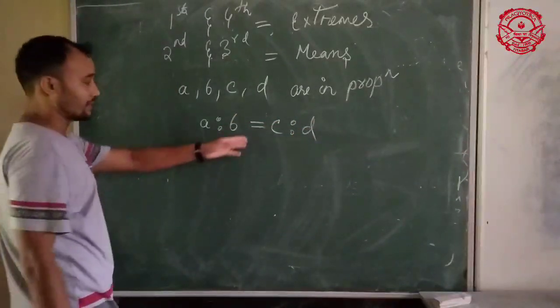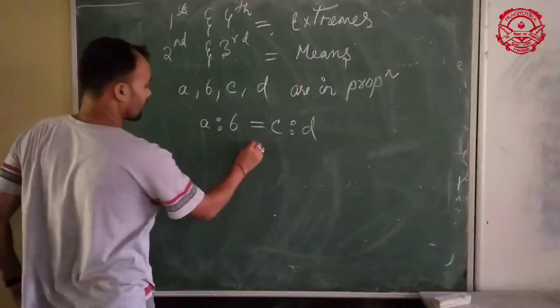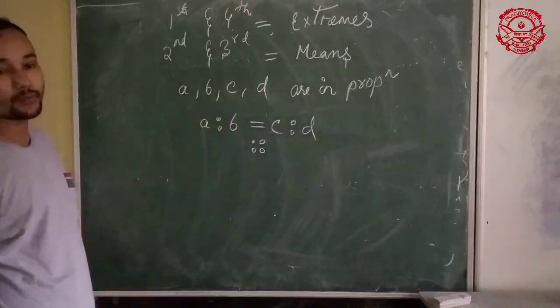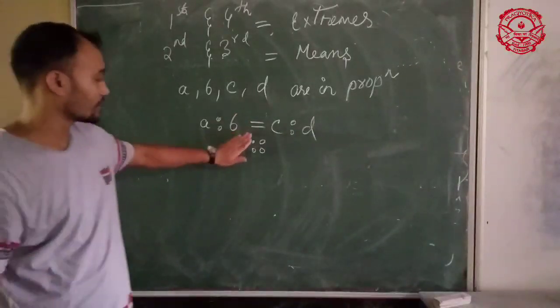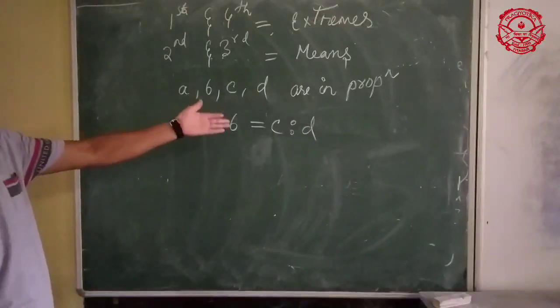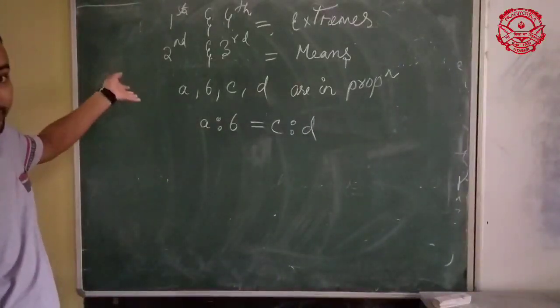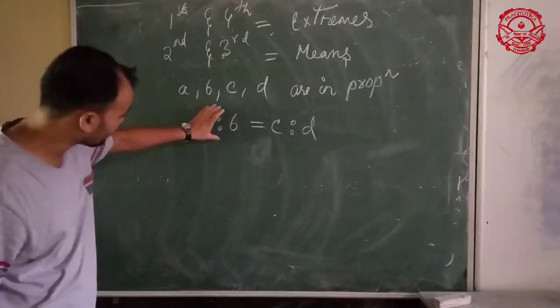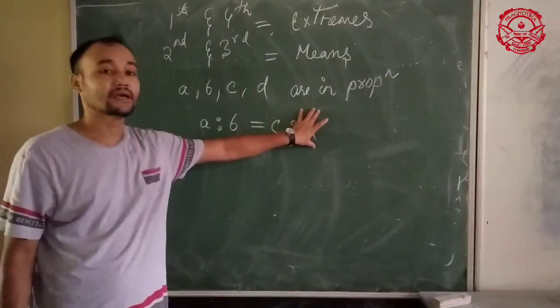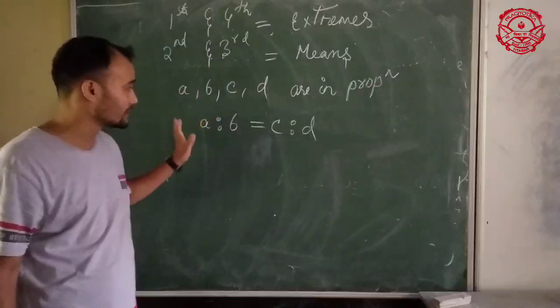In your book, instead of this, they are giving four dots, which signifies the equal sign. So I prefer using the equal sign. Earlier we have learned that the ratio of A and B should be equal to the ratio of C and D, and when they satisfy this, they are said to be in proportion.